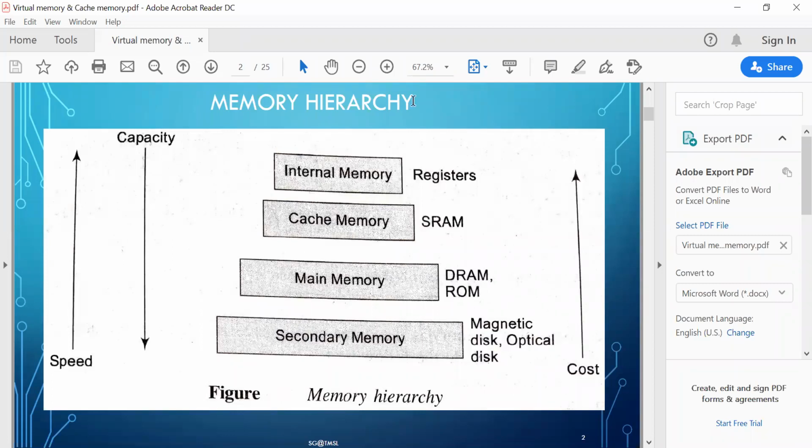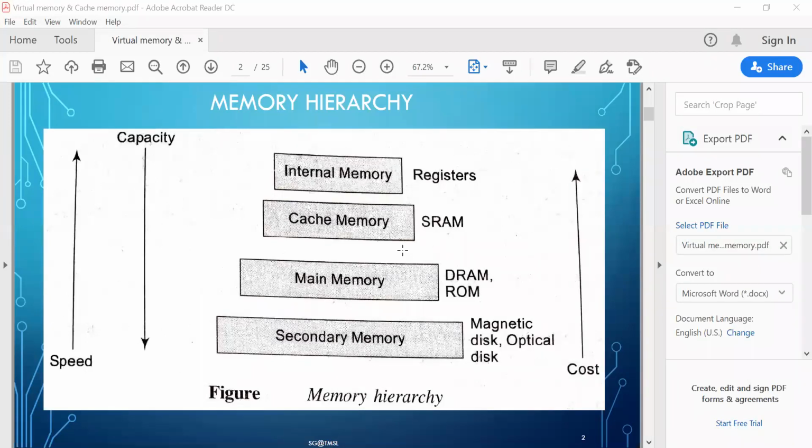When you go up the memory hierarchy diagram, the topmost position is held by the internal memory, meaning the registers. Those are used to store temporary results or data bytes while a computation is in progress. Basically these internal memories are high speed registers used inside the CPU.